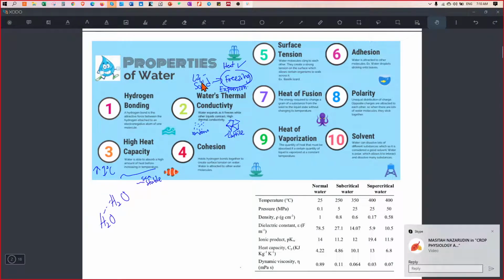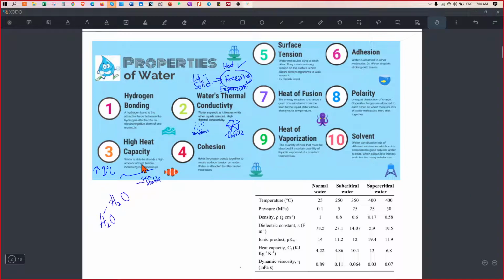It's not easy to increase the temperature of the ocean because of this special property of water, high heat capacity. It's going to require a huge amount of energy to increase the temperature of the whole ocean, right?